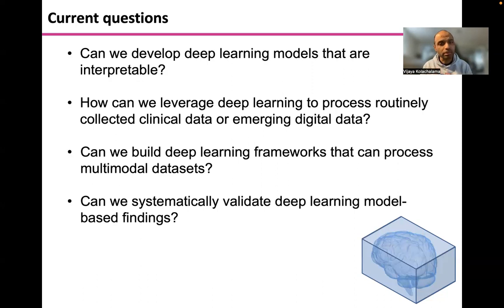So if we have all these multiple modalities of data, then we want to think about developing multimodal machine learning algorithms. Most importantly, because we interact and learn from the clinicians, we don't want to just build fancy models, but we really want to spend a lot of time to figure out ways to validate our models and model-based findings.